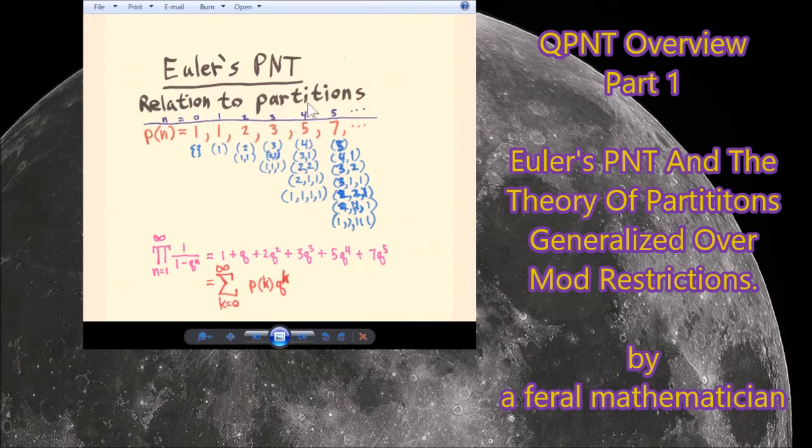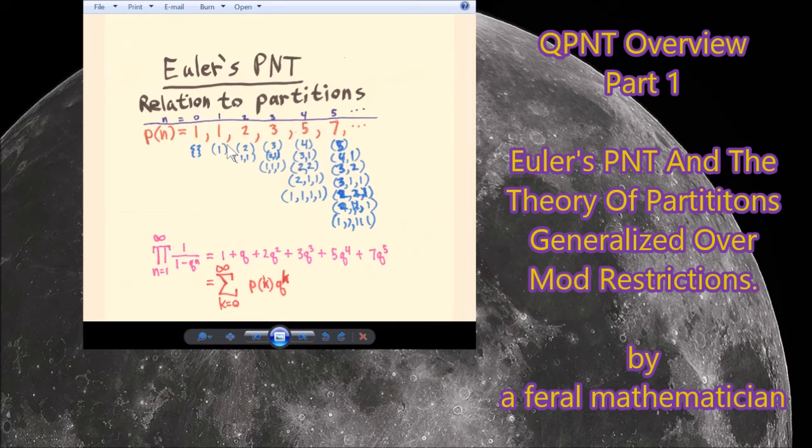Euler's pentagonal number theorem is important because of its relation to partitions, which are the number of ways of writing numbers less than or equal to n that sum to n. So for example, 4 can be the sum of 4 or 3 plus 1, etc. And we get that the number of partitions of n equals 4 is 5.